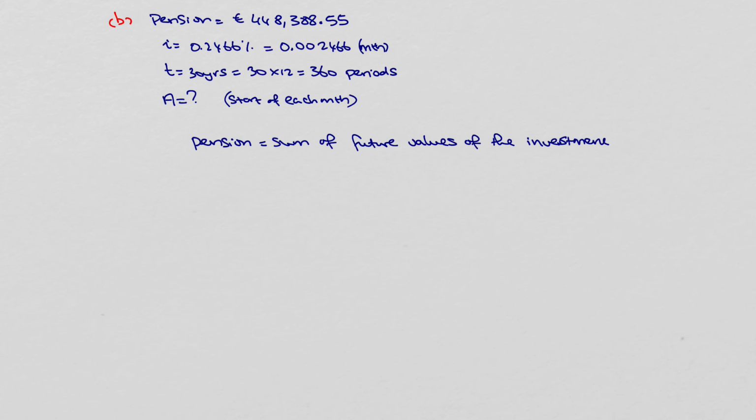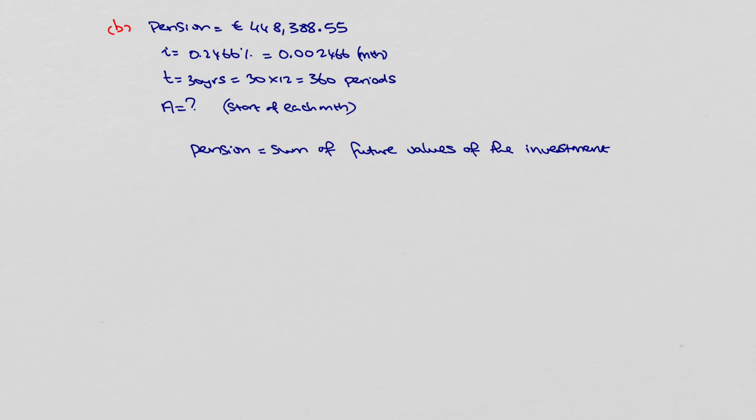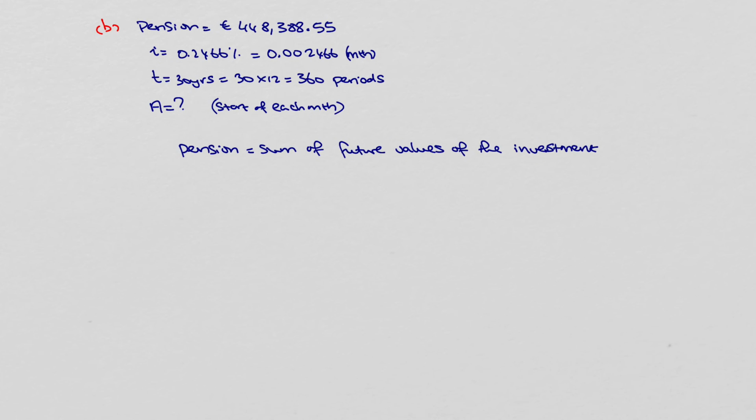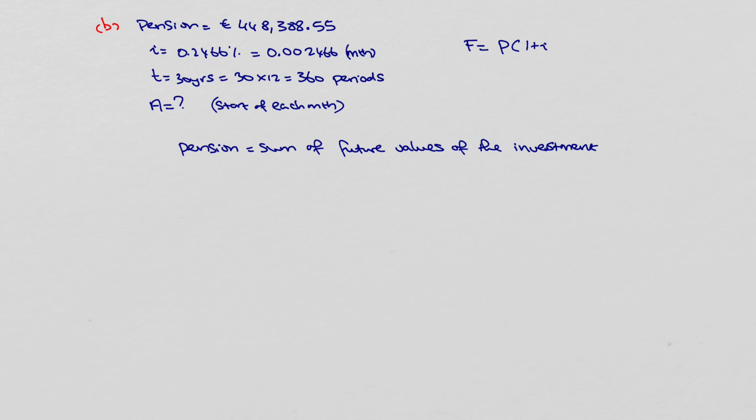So the lodgements that are going out every month, we need to find the sum of the future values to give us the pension in 30 years' time. So in other words, the way we'd be writing our formula or our equation would be that F, the pension in the future, is equal to P times 1 plus I to the power of T, where P is going to be the amount that's going in at the start of each month.